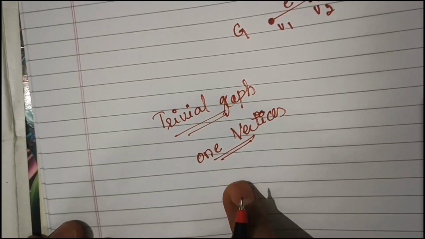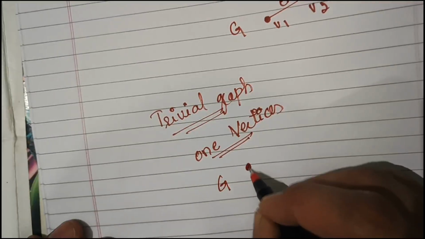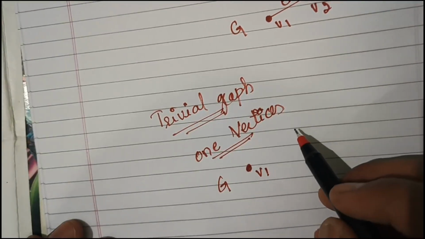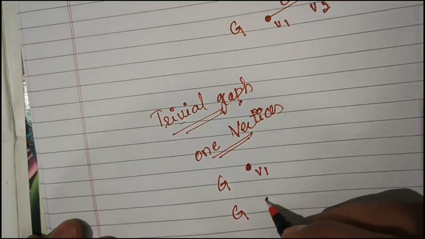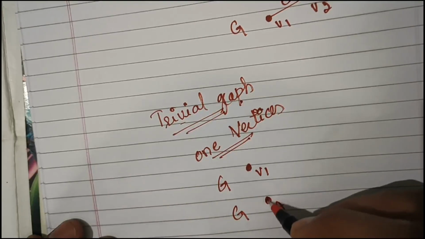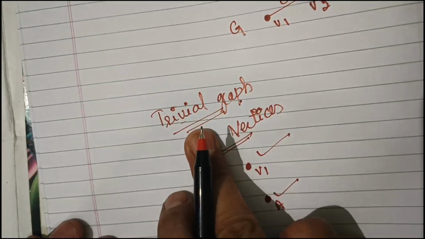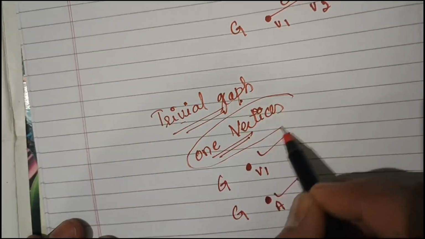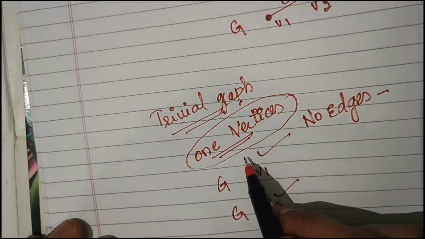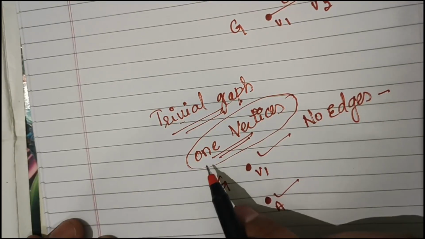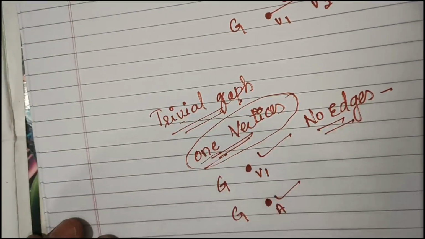That type of graph is called a trivial graph. For G of V1, it is a null graph also, and it is a trivial graph also. The condition of a trivial graph is that it contains only one vertex with no edges. Only vertices are present, but how many? Only one vertex with no edges. That one we should call a trivial graph.